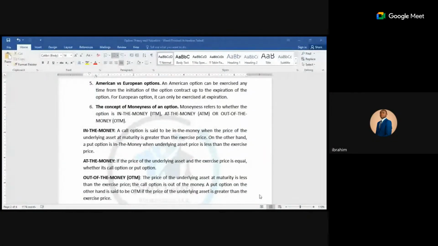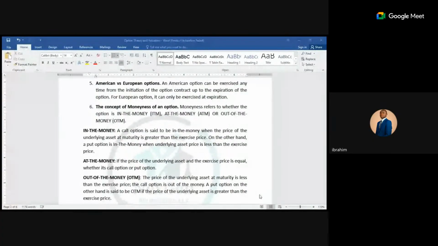What we use in Nigeria is the European option, whereby you enter into an option contract with UBA Bank to buy these shares at 20 naira at the end of December.